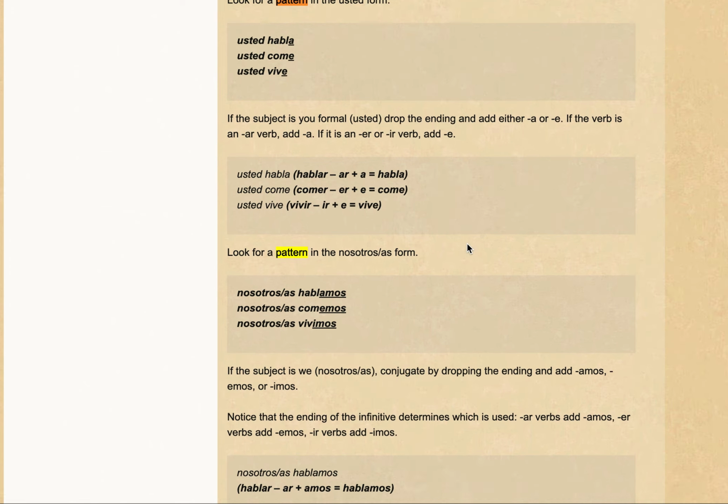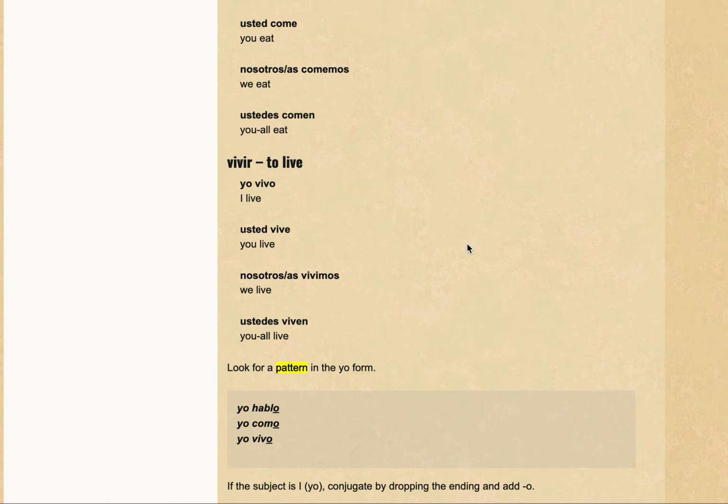So just to recap, we have looked at the yo form, and usted, right? For yo, we have seen that in order to conjugate the subject with a verb, you remove the ending of the verb and add an o. The way to remember it is because yo contains o, so you add an o, right?